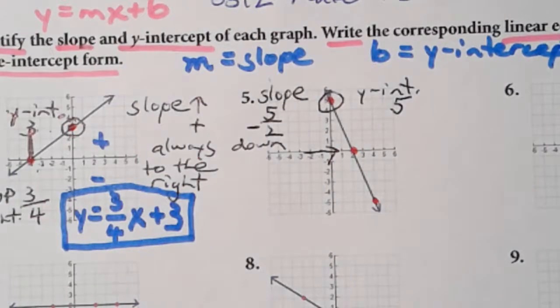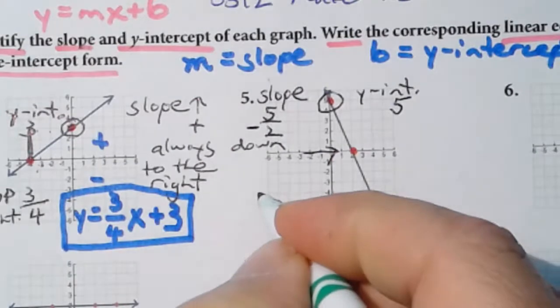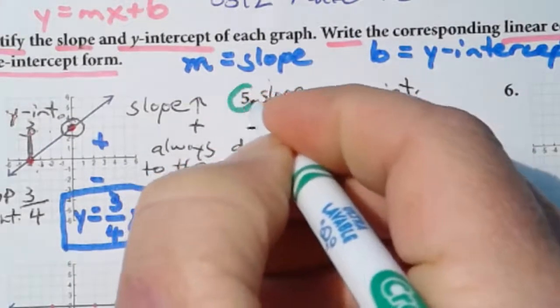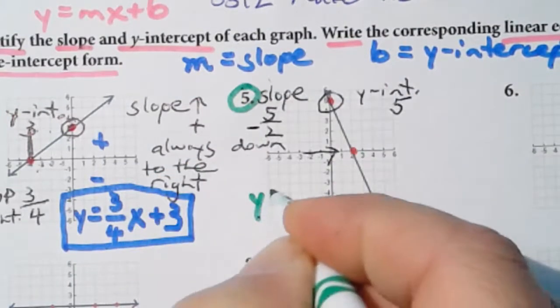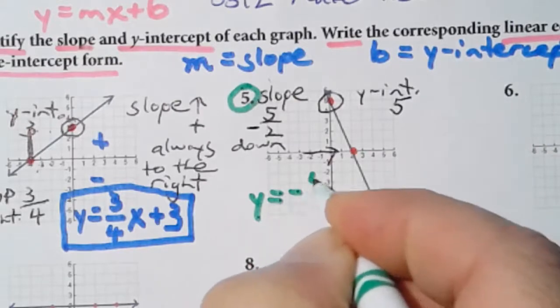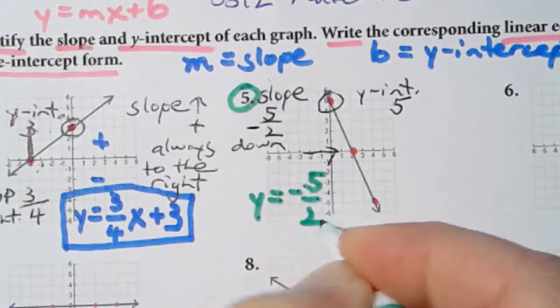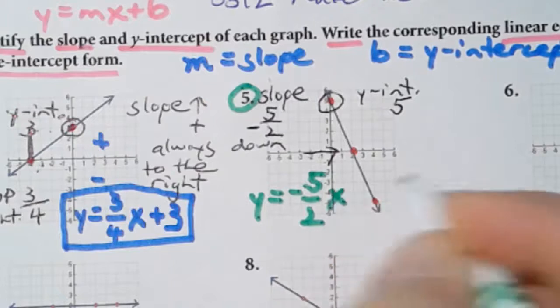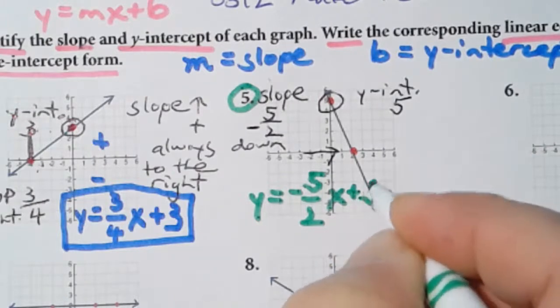Let me get my nope, this one's not brand new. Sorry, it's not brand new. Our equation for number 5, y equals negative 5 halves x plus 5.